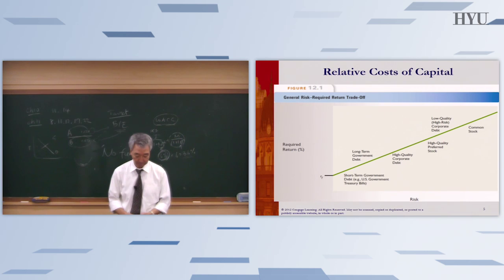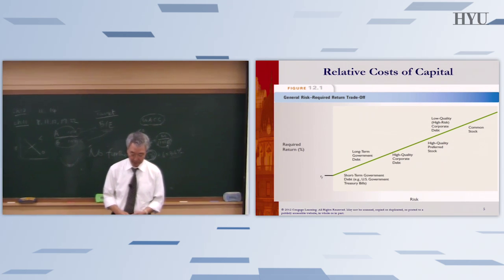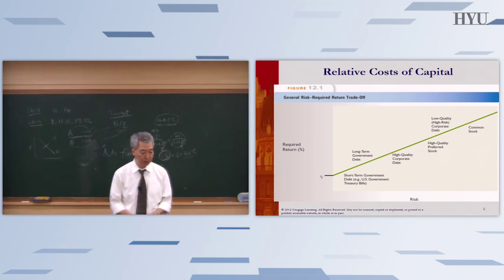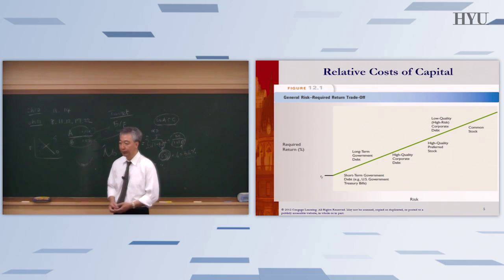And of course, that depends on the risk level, right? So which security has the lowest required rate of return? Of course, the one with the minimum or least risk.